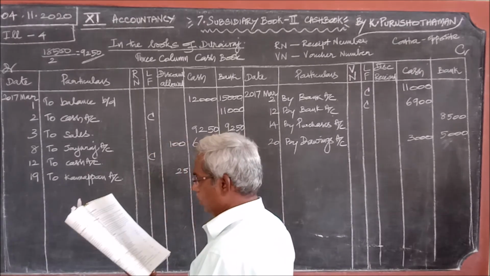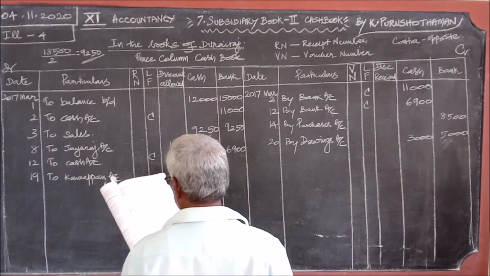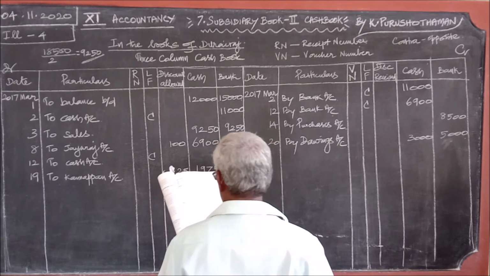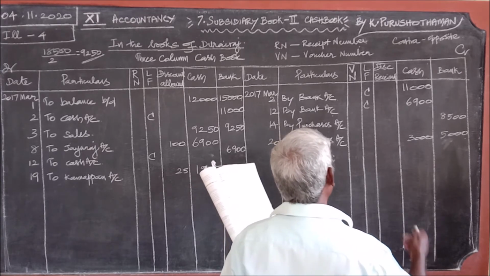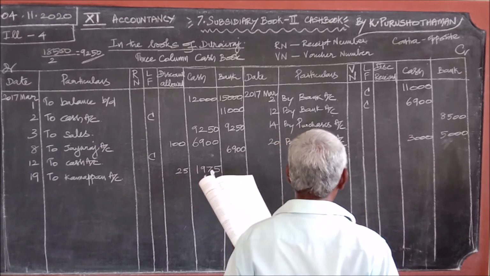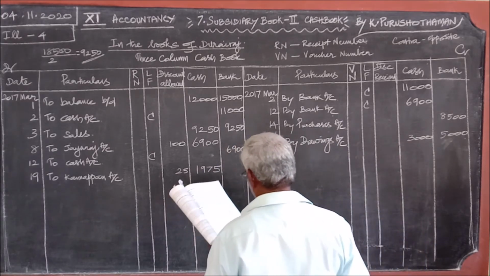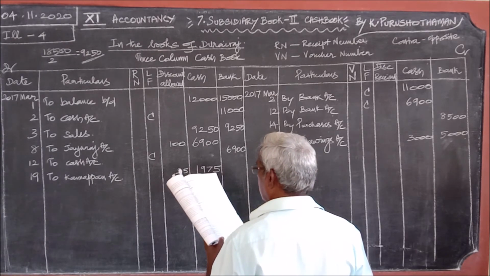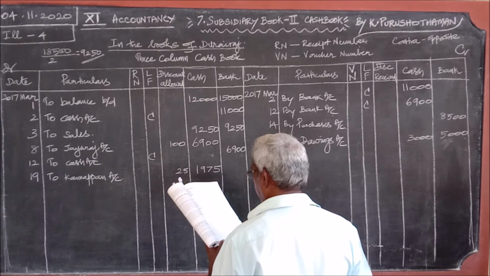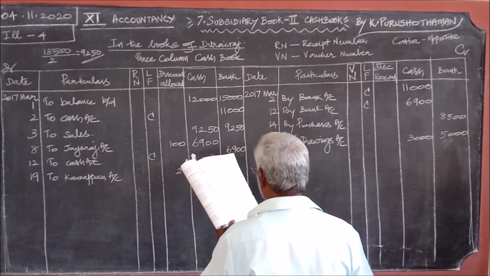Whenever a check is issued to a third person, the amount will go out of the bank. Therefore, Vinod. You can check whether there is any other transaction connected with Vinod. I hope there is nothing. Paid Vinod means paid to Vinod by check.